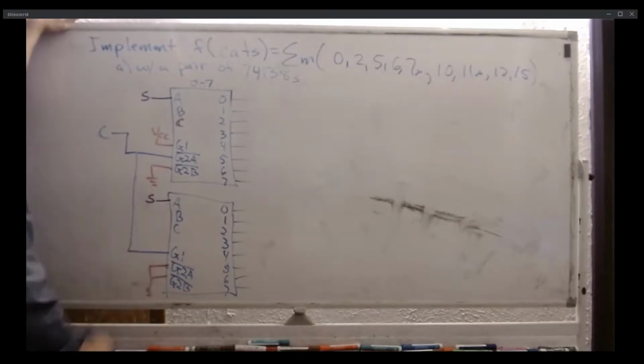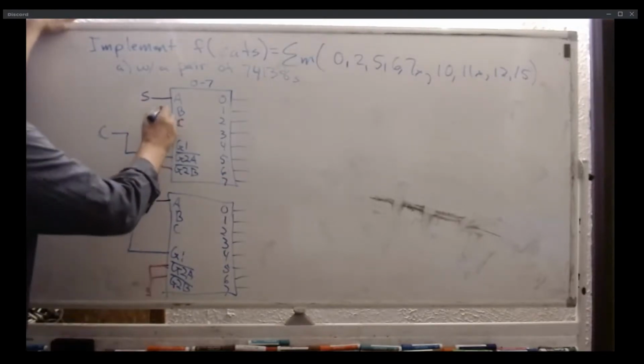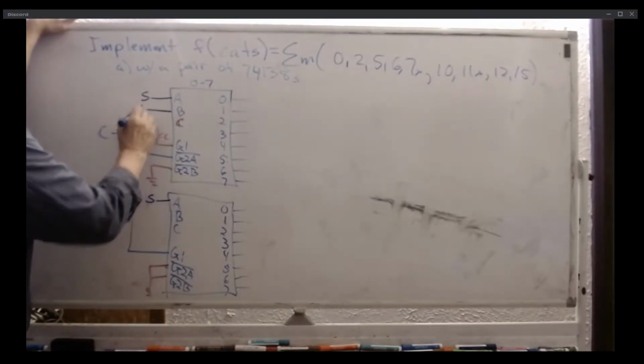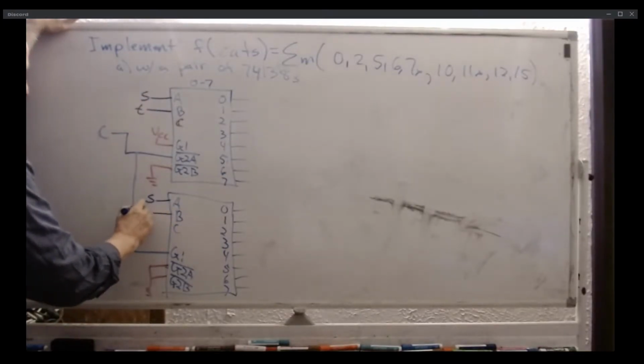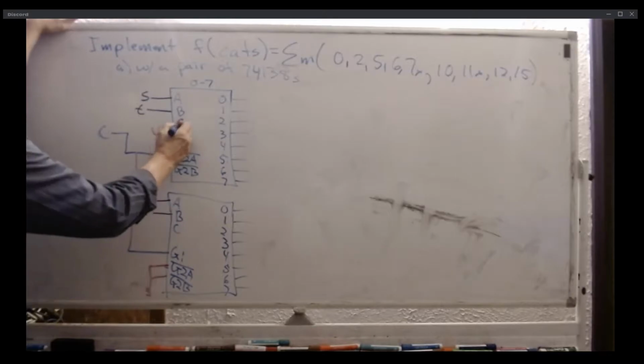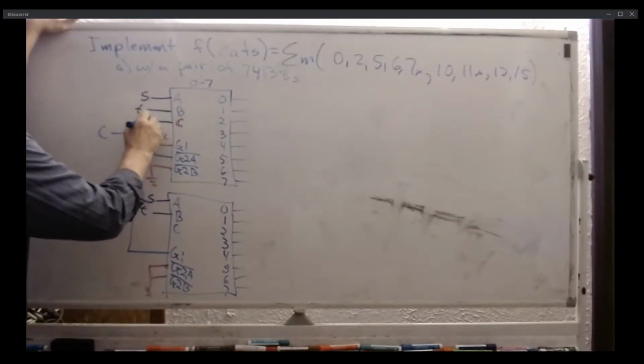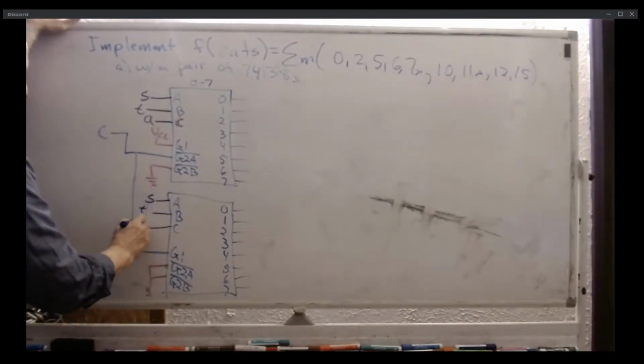Okay. What should we tie B to? T. The next least significant one. Isn't that T? What do we tie select input C to? It's A. There you go. Good job, guys.